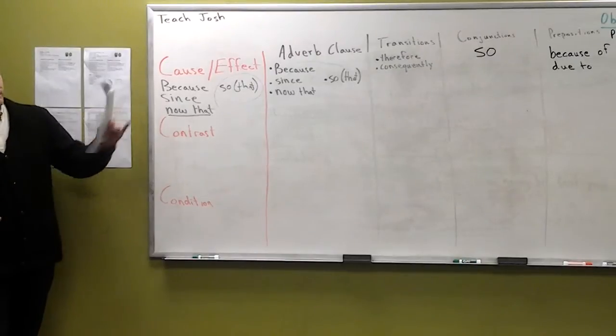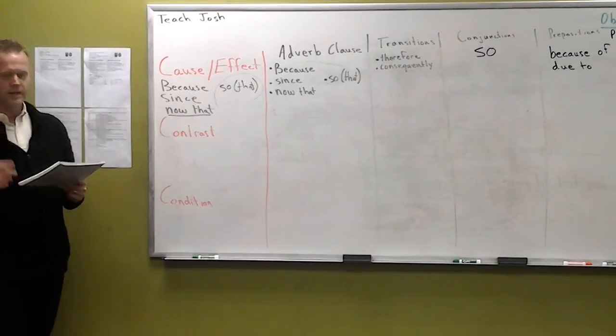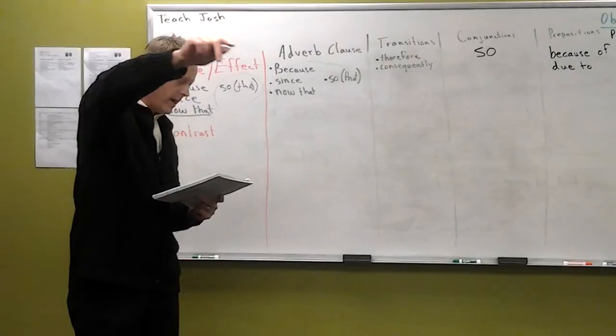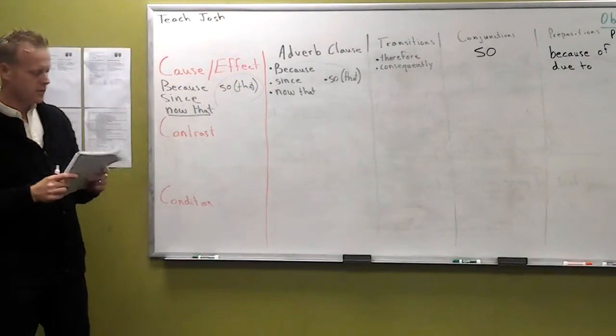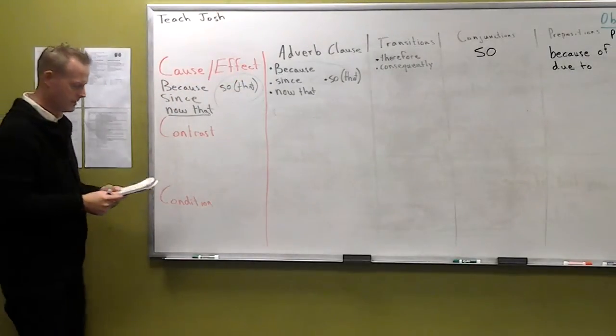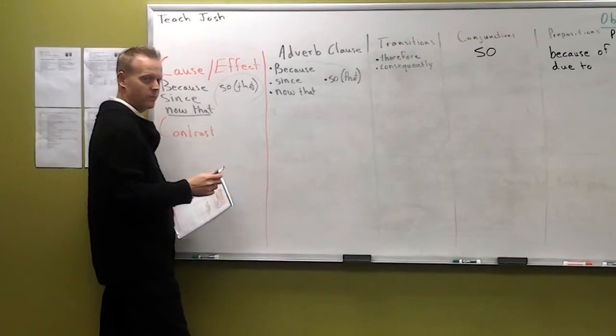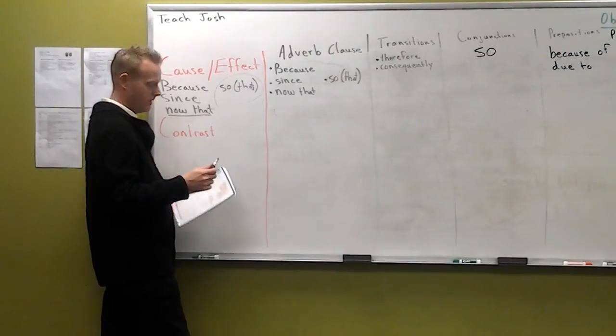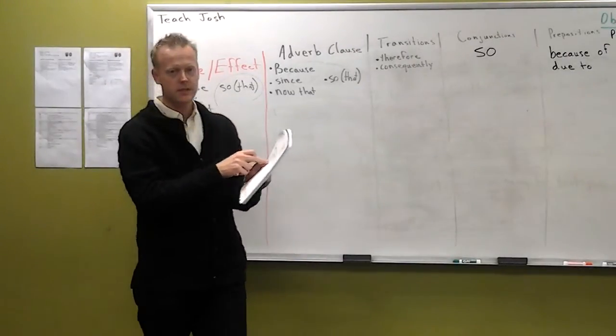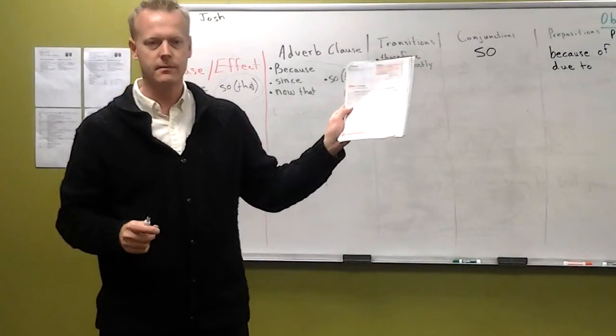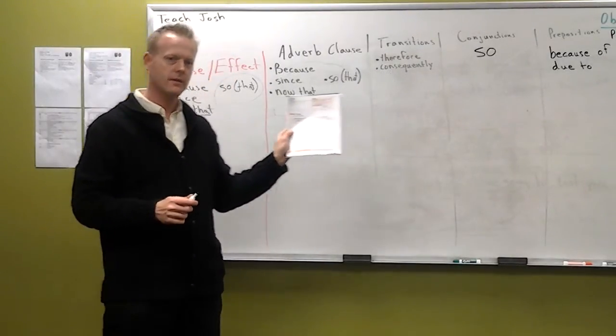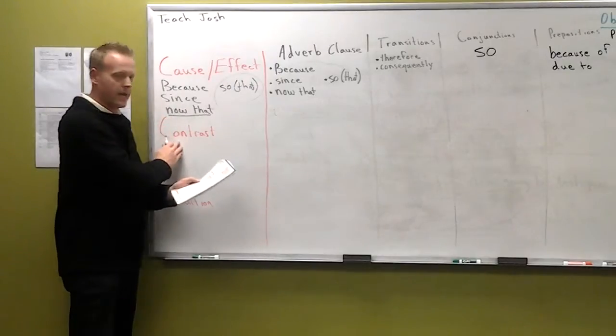Let's go to how to show contrast. Again, we're going to have the same categories going across the board. Ahmed in the back over there, tell me what words do they have here for contrast? For an adverb clause. What do you see, Ahmed? We're on the chart on contrast, page 6, and we're looking at the second category.